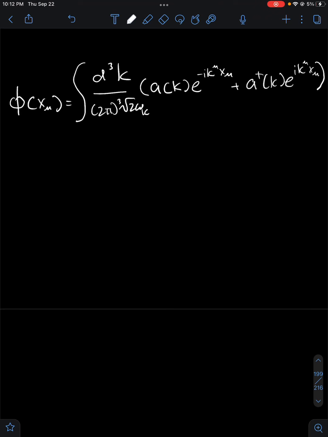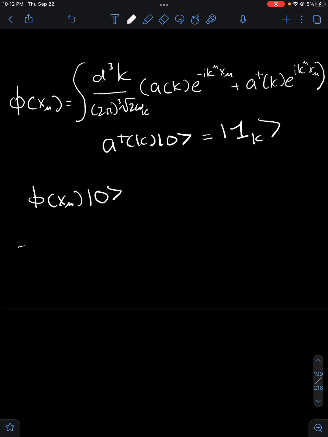Remember that we just found out that A conjugate K acting on the vacuum state, which has no particles in it, gives us some state that has one particle with momentum K. So let's see what happens when our field acts on the vacuum state.